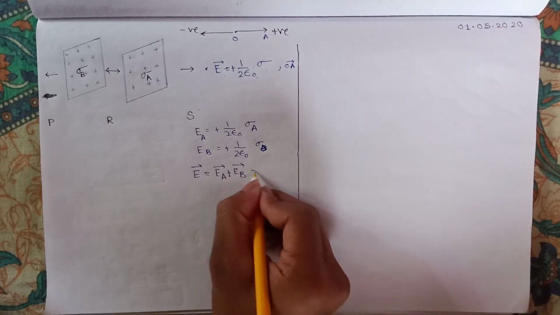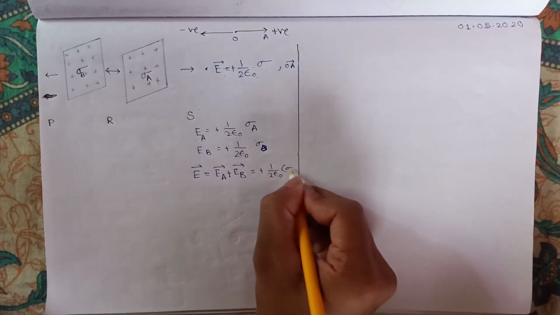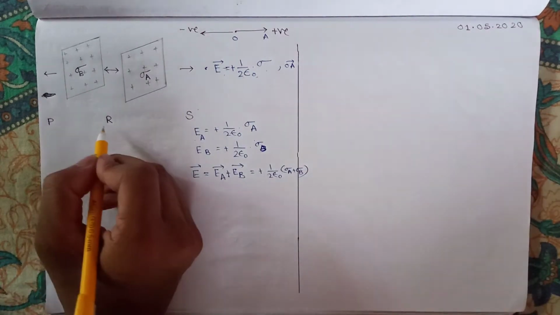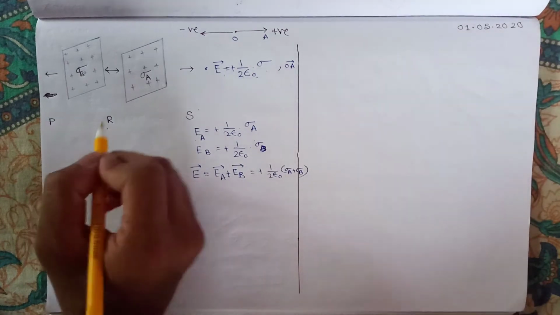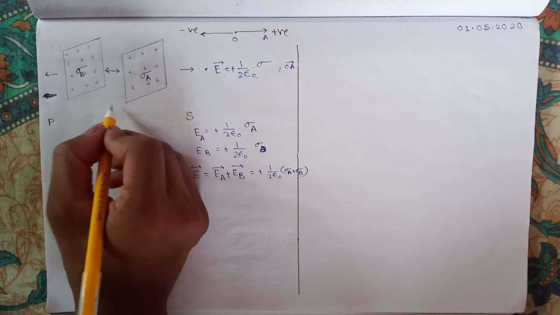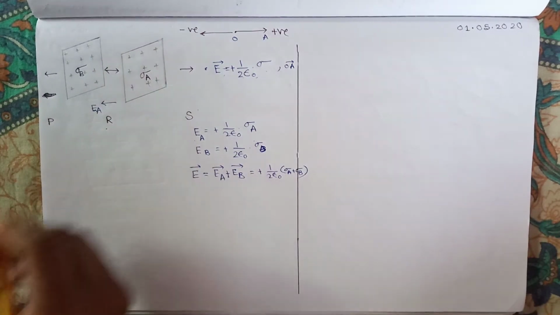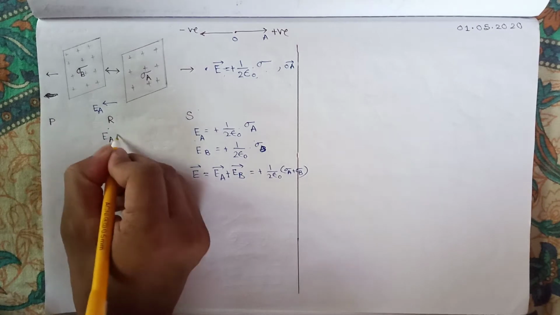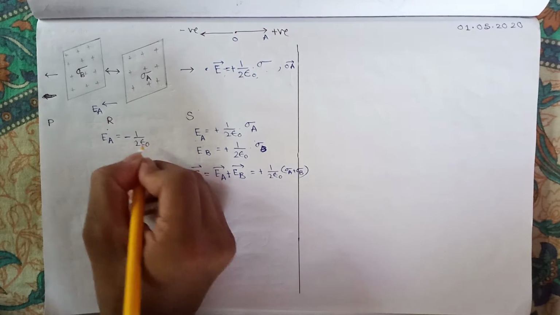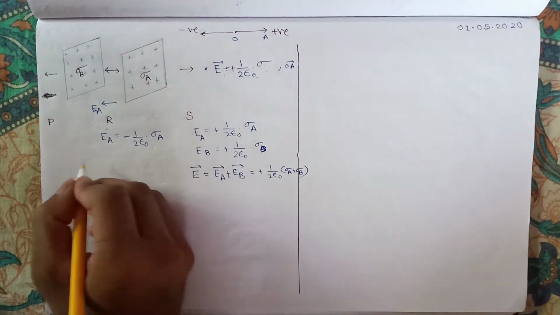So we can take common 1 by 2 epsilon naught, sigma A plus sigma B. Similarly, for the R region, for this plane sheet the electric field EA will be in the reverse direction, so it will be negative, with the same value.